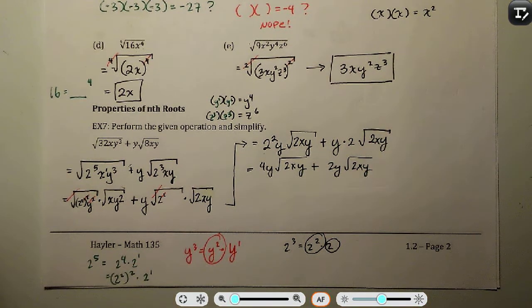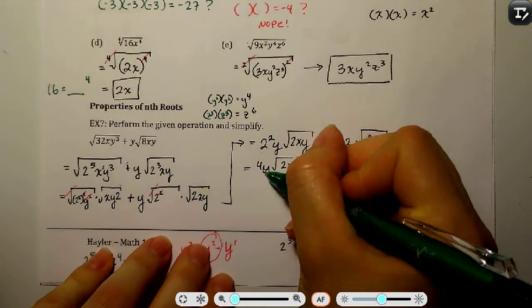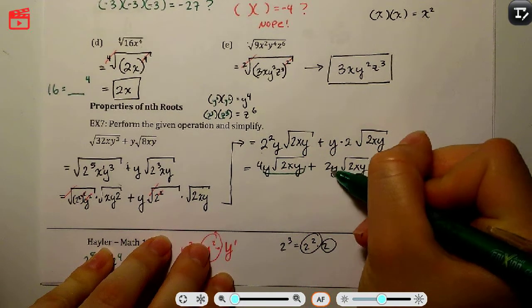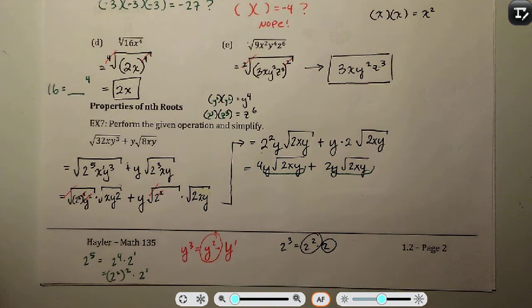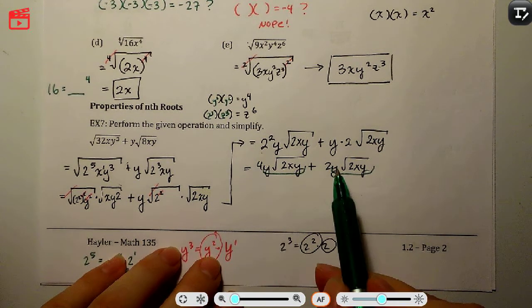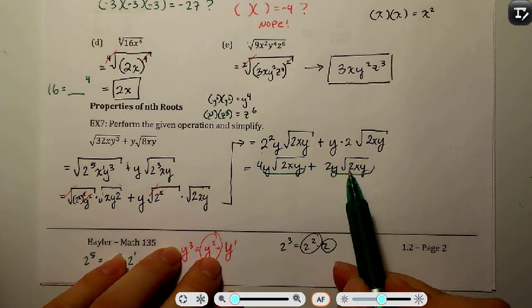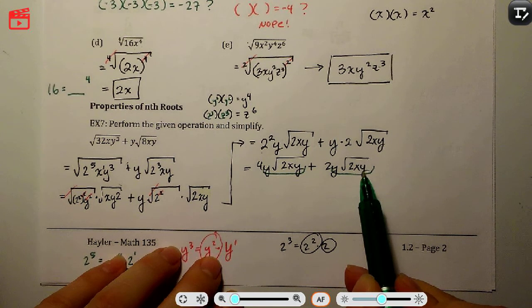Okay, so now we've simplified. We managed to simplify those radicals. Let's see, are these like terms? Can we add them? Well, let's take a look at the variable parts. This is the variable part, and this is the variable part. Are those two parts exactly the same? Well, let's see. Y square root 2xy, y square root 2xy. Hey, they are like terms.